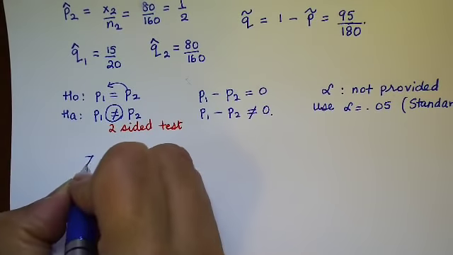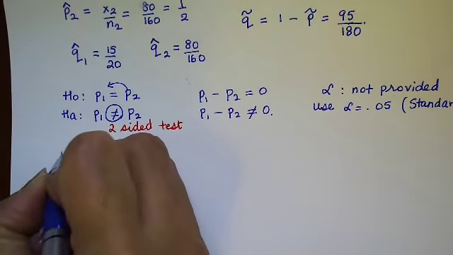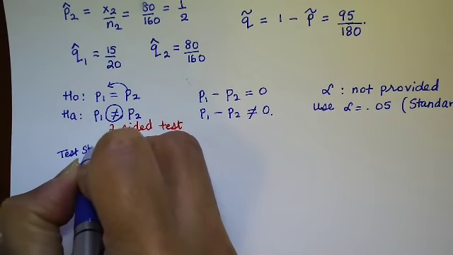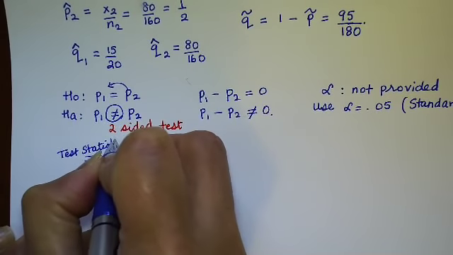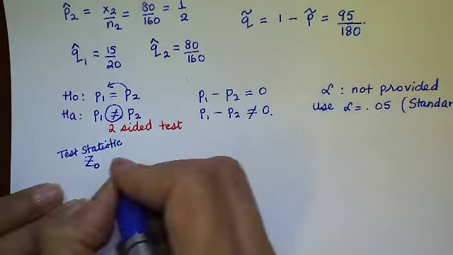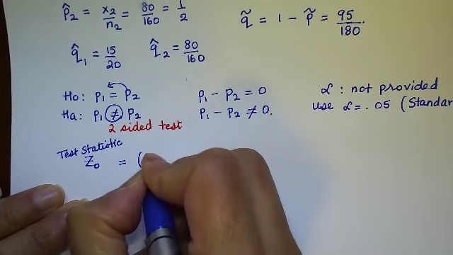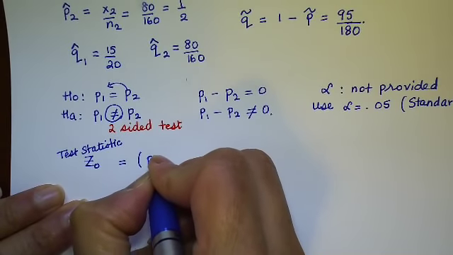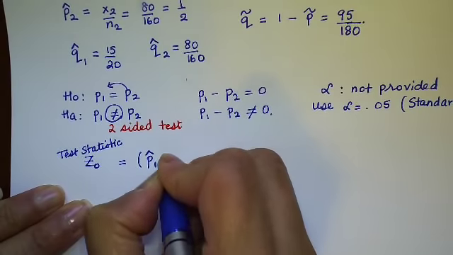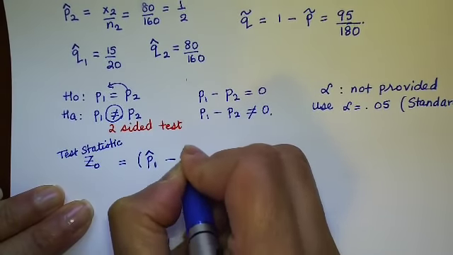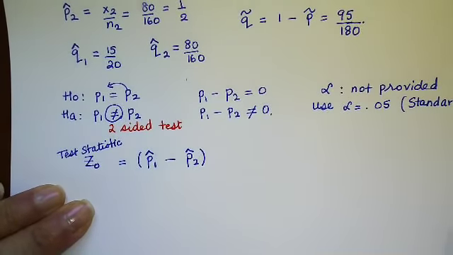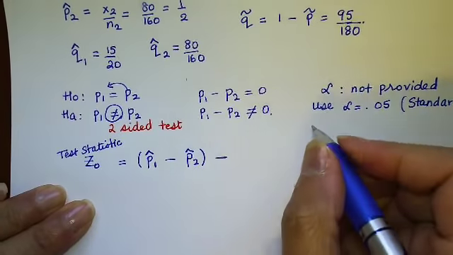We will need a test statistic, Z naught. So Z naught, the test statistic, is created by taking the sample proportions P1 hat minus P2 hat.